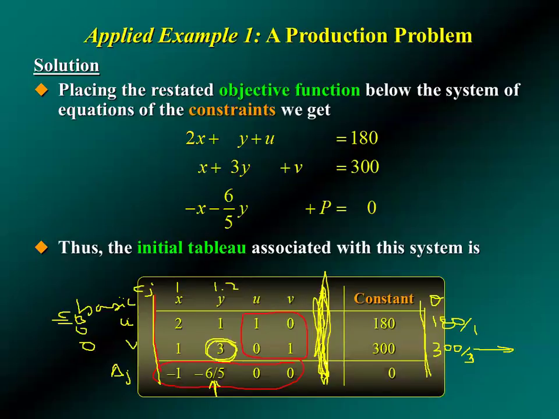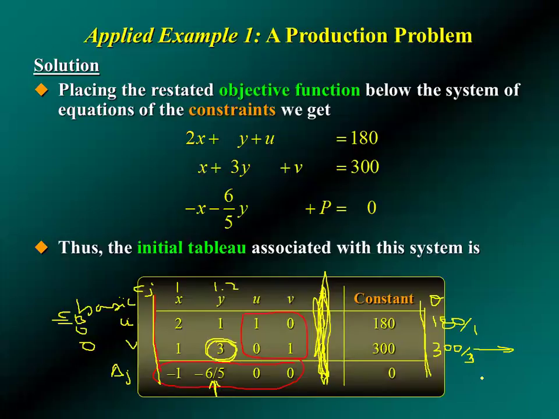And now my identity matrix will come here. U and Y will now be the identity matrix in the next step. So we say this basic variable exits the basis and is replaced by Y. In the new table, U and Y will be the basic variables.